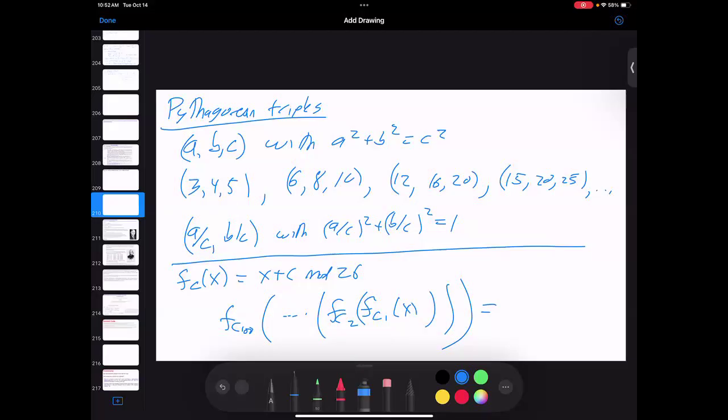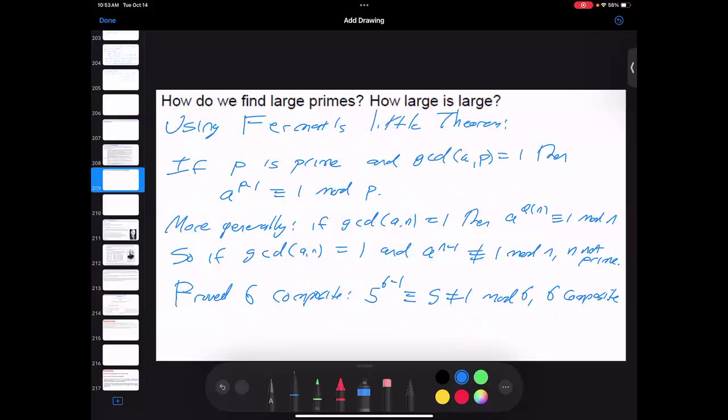At the end of the day, this is just f of C1 plus ... plus C100 mod 26 on X. So even though I thought I was building incredible security by doing 100 Caesar ciphers, it wasn't that much more secure. So be very careful.